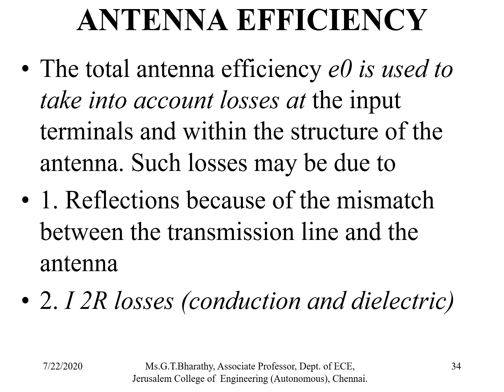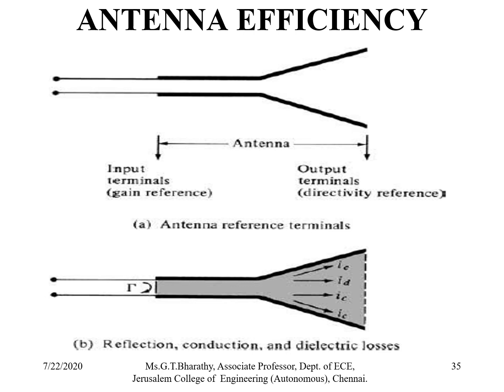So why are reflections occurring? Reflections are due to the mismatch between the transmission line and the antenna. I squared R losses is a combination of conduction loss and the dielectric loss in the antenna. So this is the diagrammatic representation of the antenna efficiency, where we have the transmission line connected to the antenna.